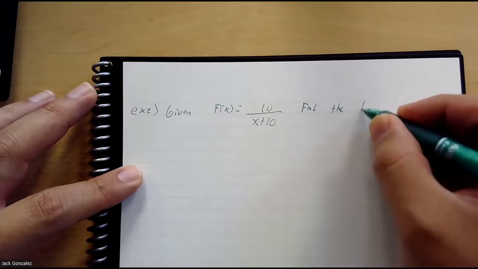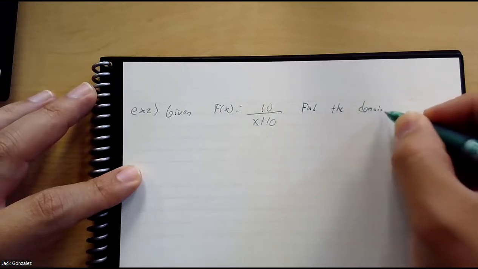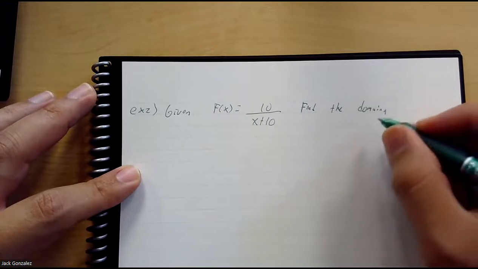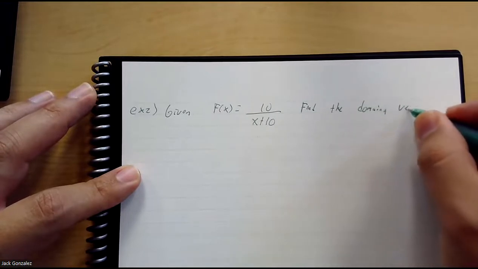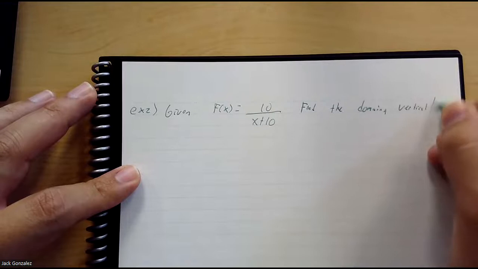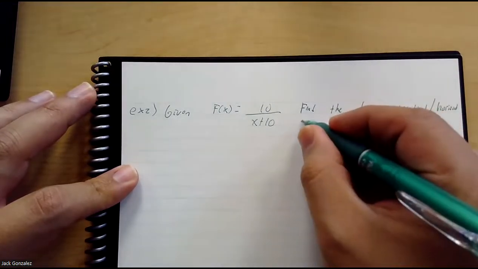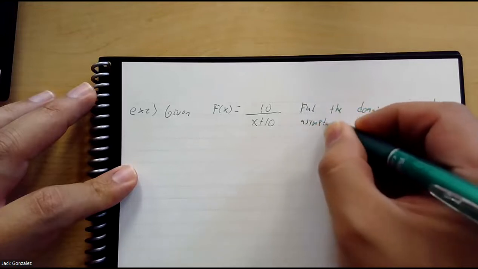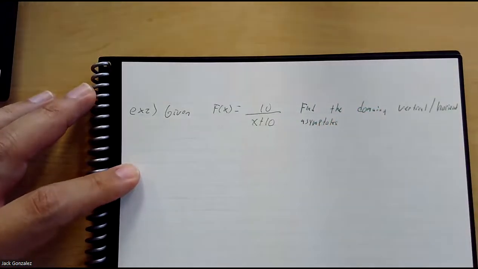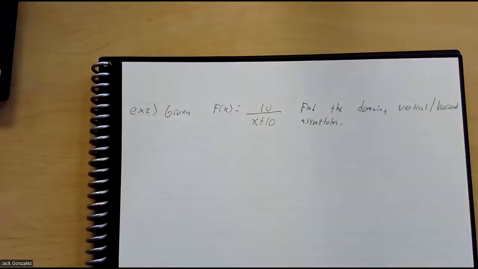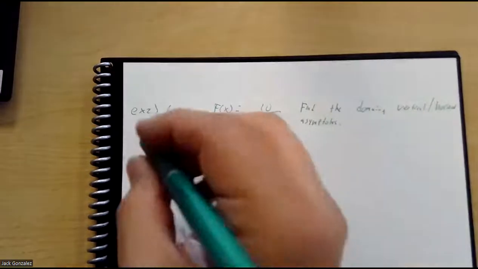Find the domain, vertical/horizontal asymptotes, find those three things. So you should find the domain first. It'll make this a little easier. So let's find the domain right here.